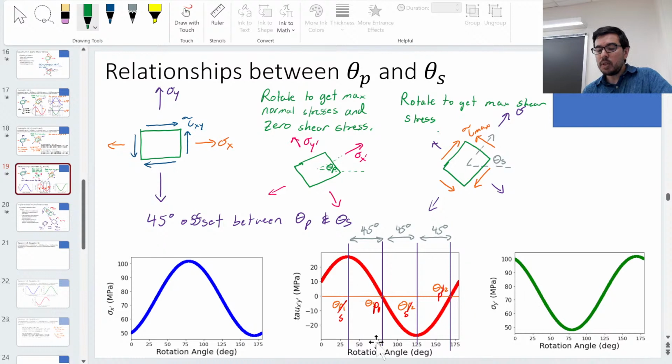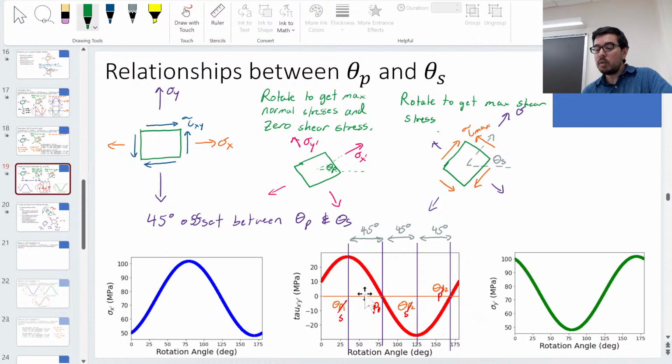And then if we rotate another 45 degrees on the element, we get to a state where the shear stress goes to zero, but the sigma X prime goes to a max. And we have a sigma Y prime that is getting to a local minimum at this location.